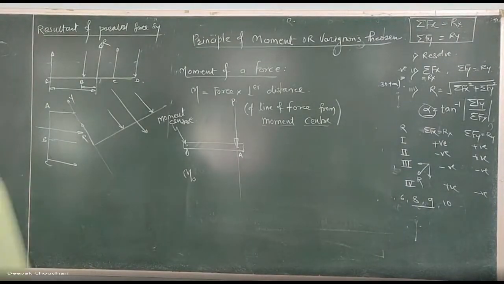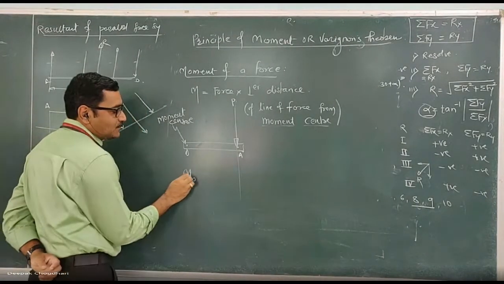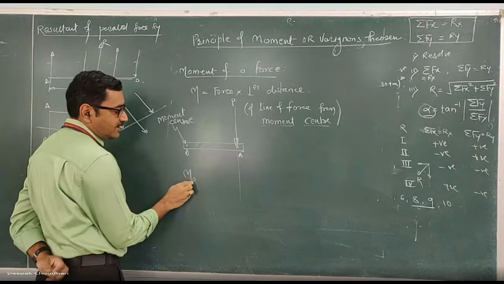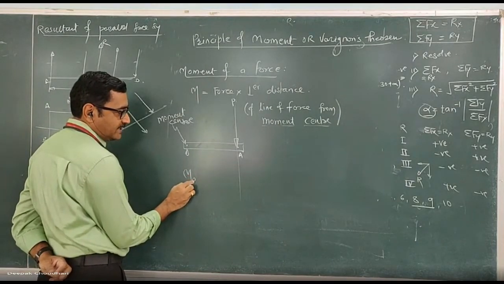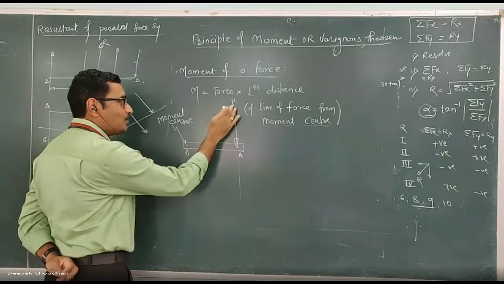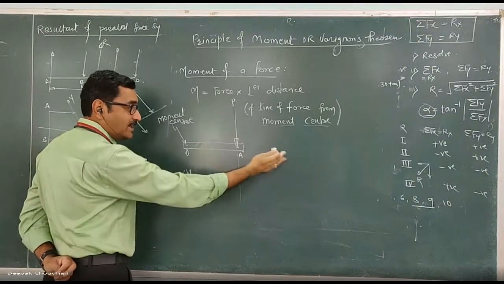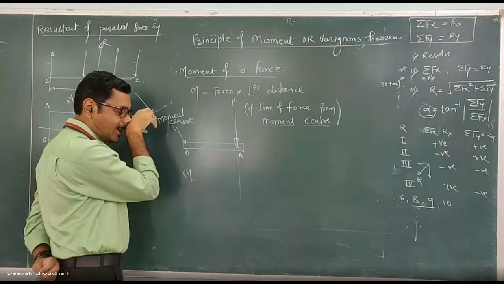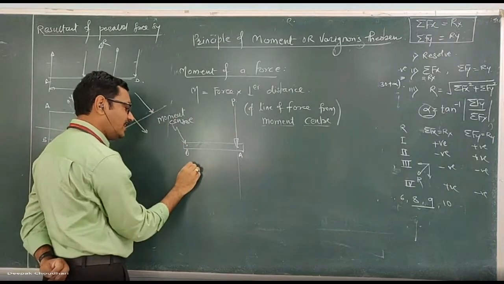Hello. So the moment of this force about point O, it is mandatory to write down this moment center. Force नहीं लिखा तो भी चलेगा, because when number of forces are there, it is difficult to write down the force. लेकिन अगर single force है तो you can write it at the top.